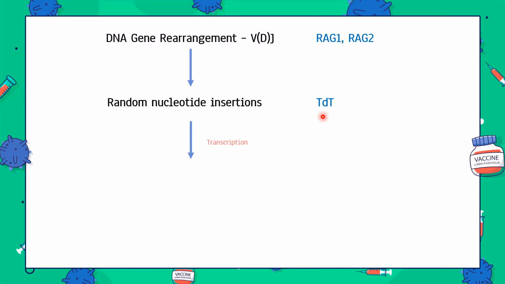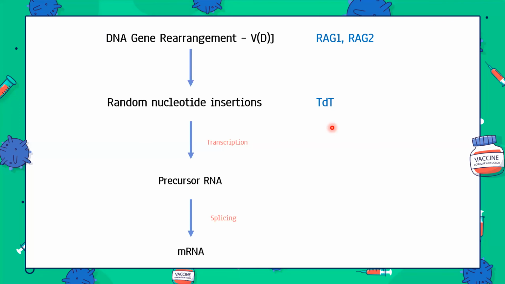And then TDT is going to just come in and have some random deletions, some random additions to add even more variability. And this is where we have most of our variability. This gets transcribed into precursor RNA, and after splicing, it's mRNA.